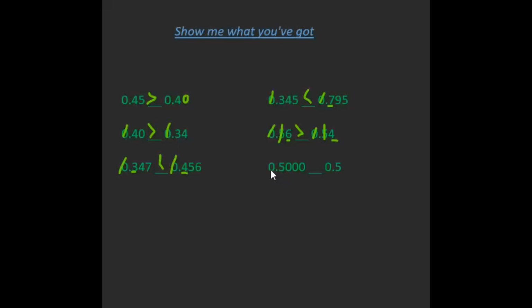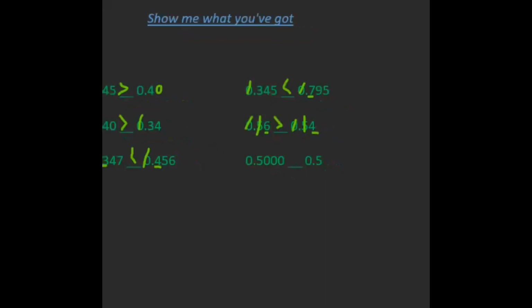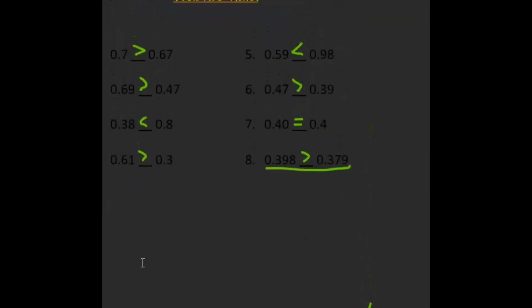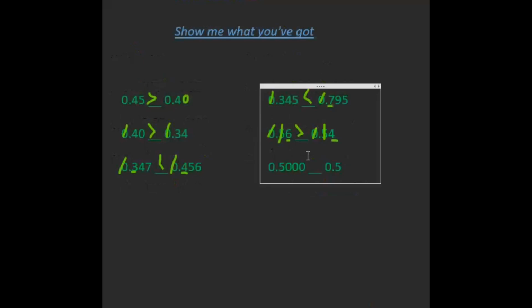We have 0 and 5,000 ten-thousandths and 0 and 5 tenths. Like we learned in the first few problems, we can add a 0 at the end, but the 0 won't have any value. The same thing applies to any of the decimals.